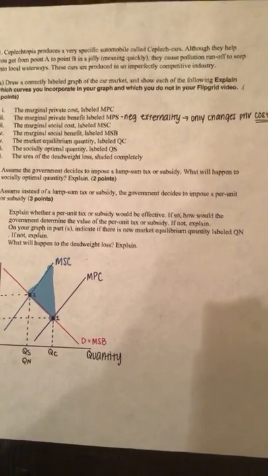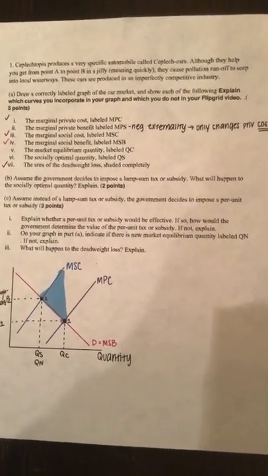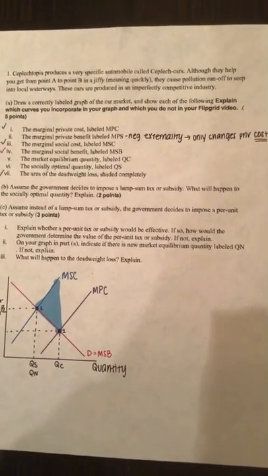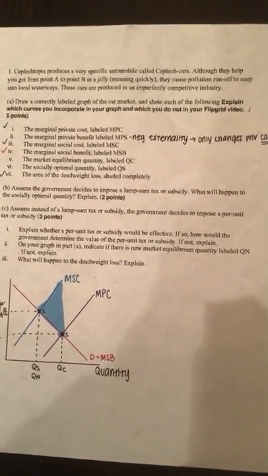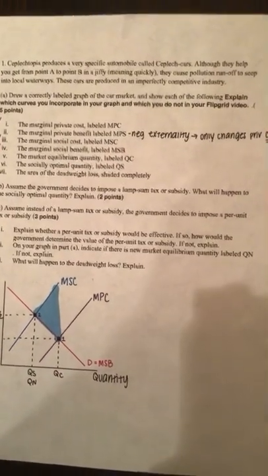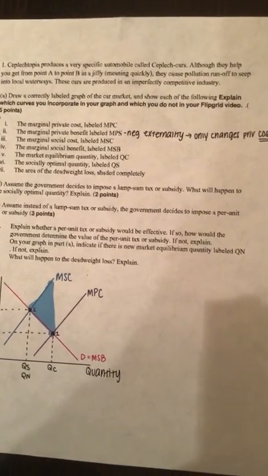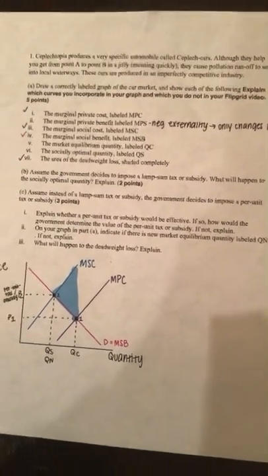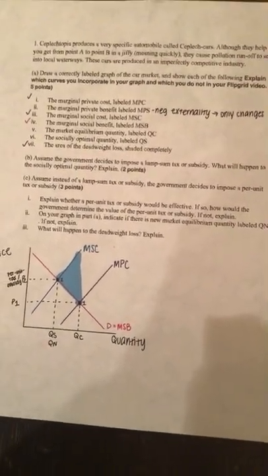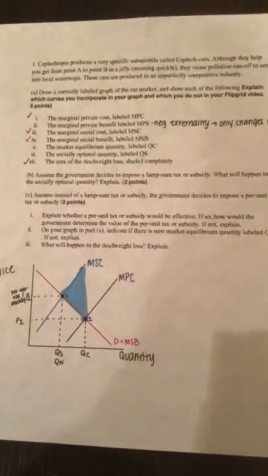This would work because it would slow down the production of cars, because with more output being produced, there would be more taxes producers would have to pay. This means more cost to produce cars. The value of this can be determined by looking at the marginal private cost and the marginal social cost. By taking the difference between these two curves at a certain quantity, the value could be determined.